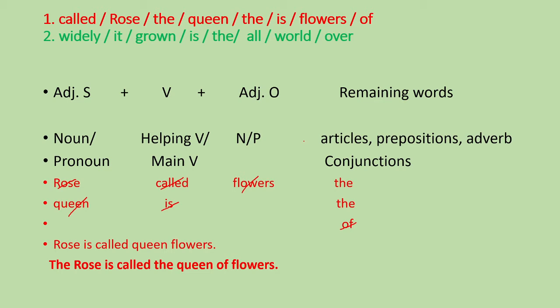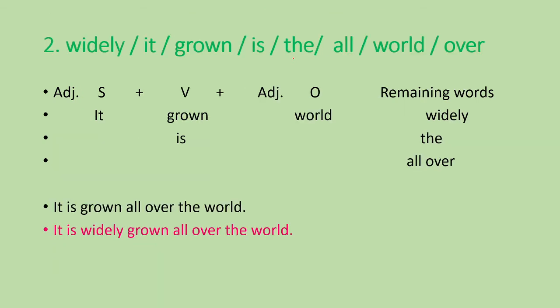Now the next sentence is related to the first one only. Let's take that. Widely is an adverb, so it will come under remaining words. It can be a subject, so let's write it below S. Grown, let's write it below V. It's a verb. Is is a helping verb, let's write it below V. Then the, we will write below remaining words. All, again remaining words.